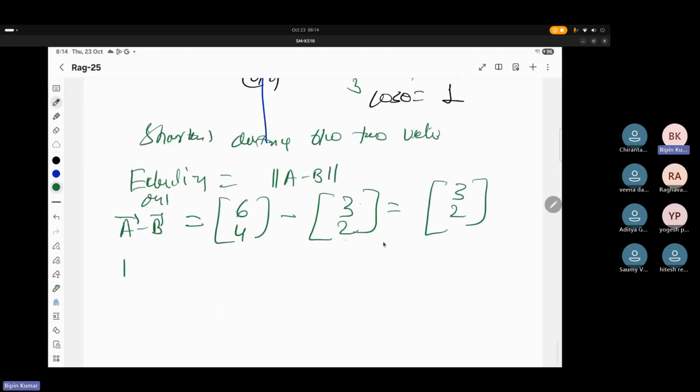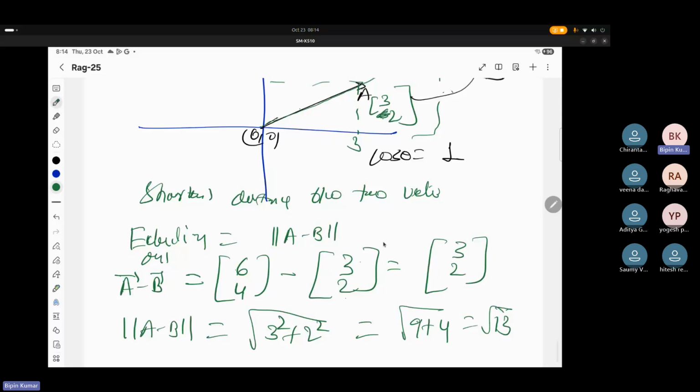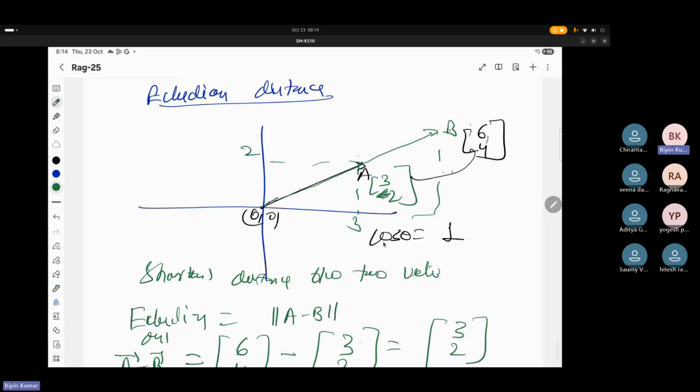Now I have to find the norm of a minus b. So it will be 3 square plus 2 square, that is 9 plus 4, 13. The square root of 13 will be something around 3.5. So the distance between a and b is approximately 3.5.